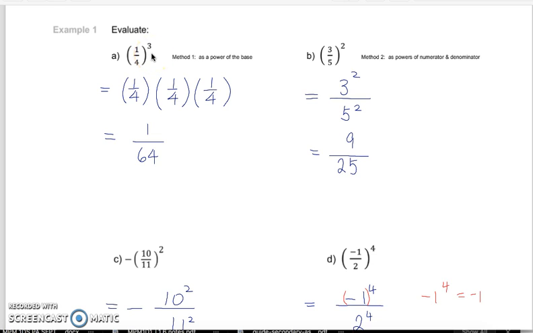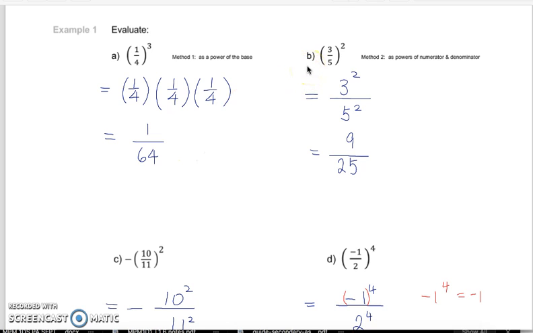So we can think of this question as a repeated multiplication of 1 over 4 times 1 over 4 times 1 over 4. So the numerator will be 1 times 1 times 1, which is 1. The denominator will be 4 times 4 times 4, which will give us 64. So the answer is 1 over 64.